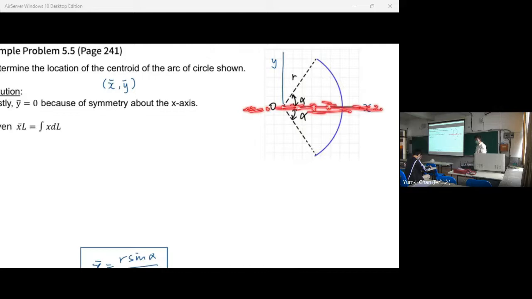The centroid is located on this line. So what we need to determine is the centroid x bar and 0. The y bar is equal to 0.